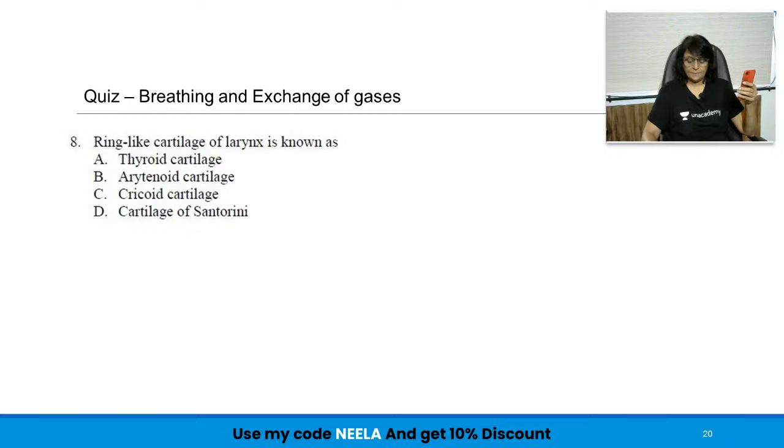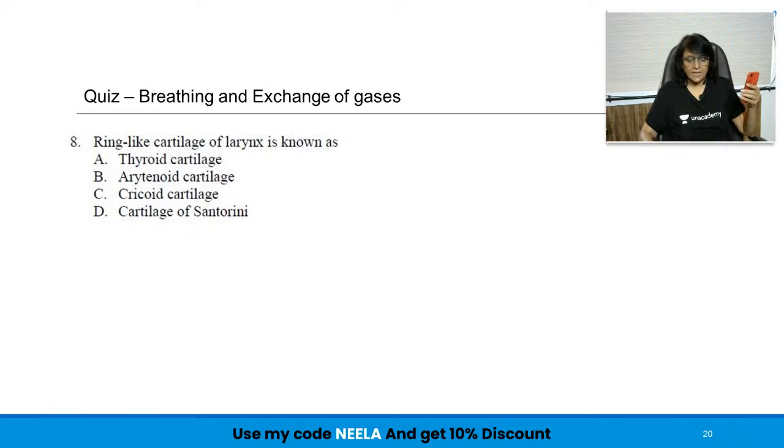Reena says C. Okay, Zara is saying A. Suchitra is also saying A. Alpa and Kavipriya are saying C. Suchitra, oh, first was A and now it is C, okay.